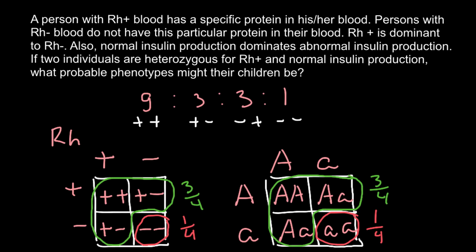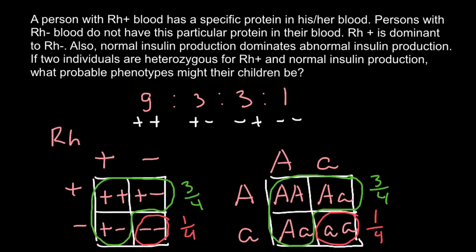Now, instead of building a 4x4 square with 16 cells and 16 genotypes, and then circling all the phenotypes, let's use another method called the fork-line method, and we can also find all the phenotypic ratios and frequencies.